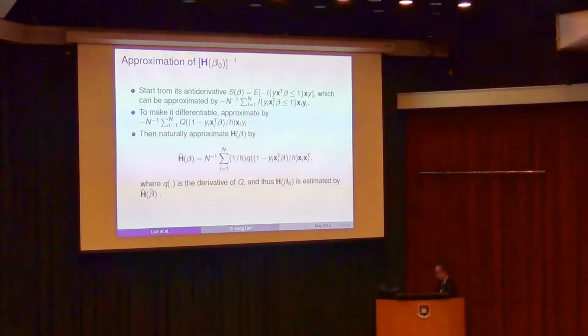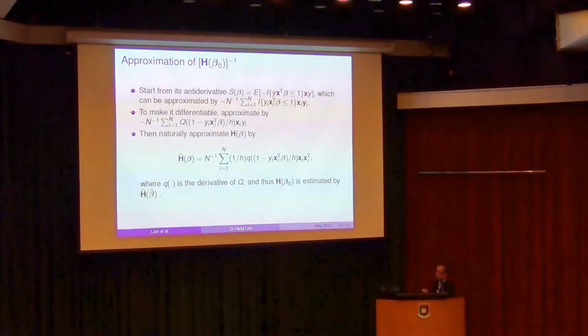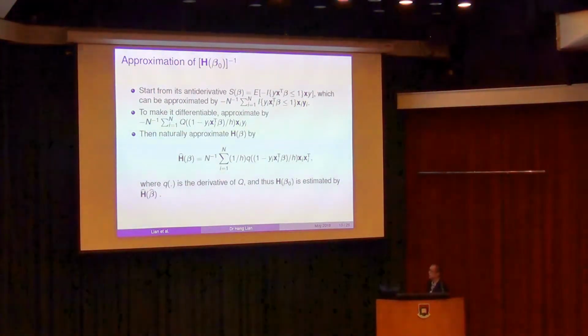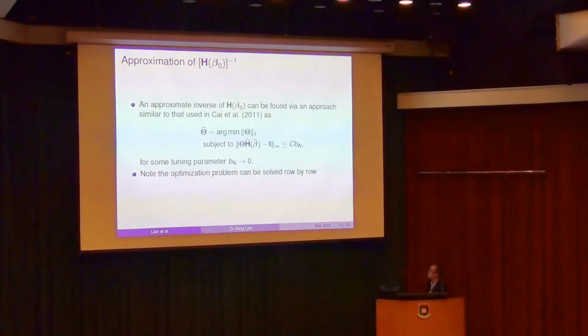We use an existing method that says if you assume the inverse of the true Hessian matrix is sparse, in the sense that many of the components are 0, then we can still estimate it. We can still take an approximate inverse of this H hat, although it's singular.